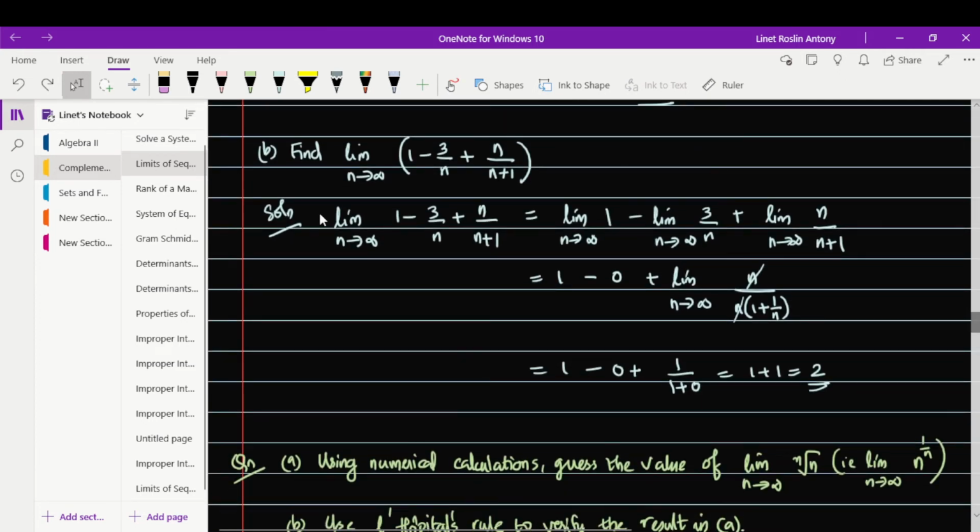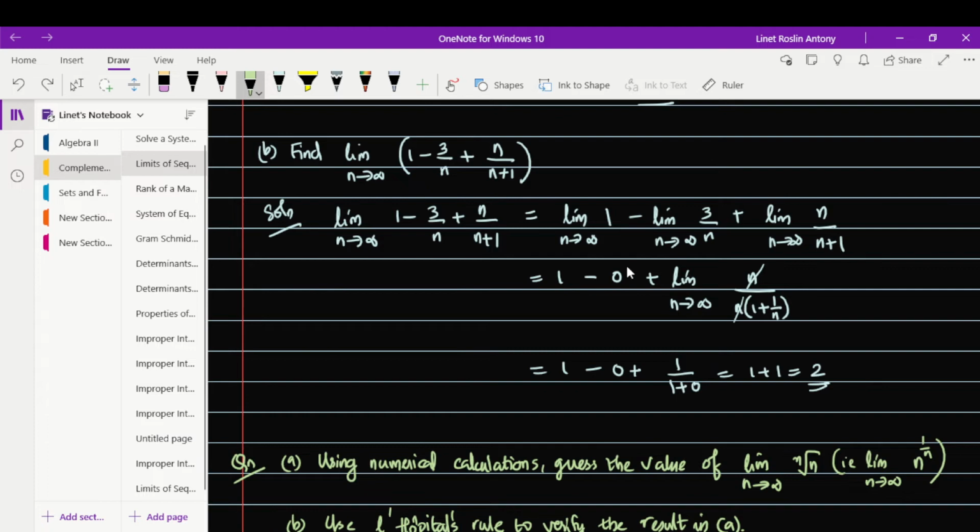Now B, find limit n tends to infinity 1 minus 3 by n plus n by n plus 1. So limit n tends to infinity 1 minus 3 by n plus n by n plus 1 is equal to limit n tends to infinity 1 minus limit n tends to infinity 3 by n plus limit n tends to infinity n by n plus 1.